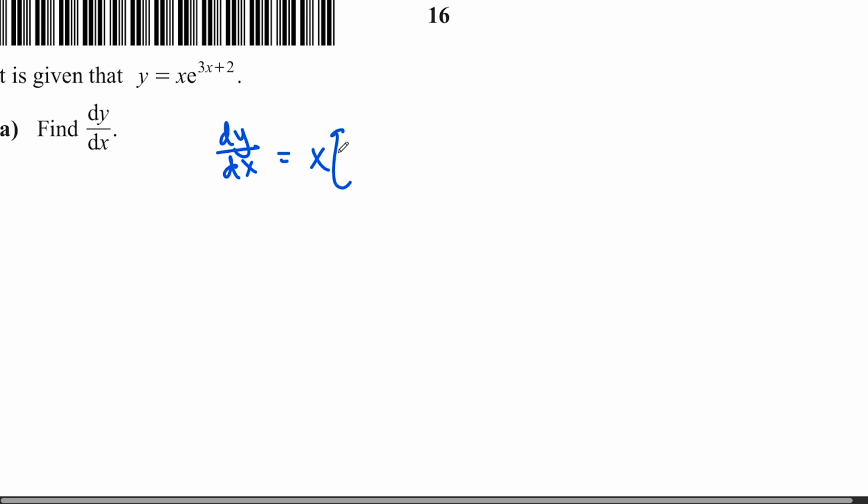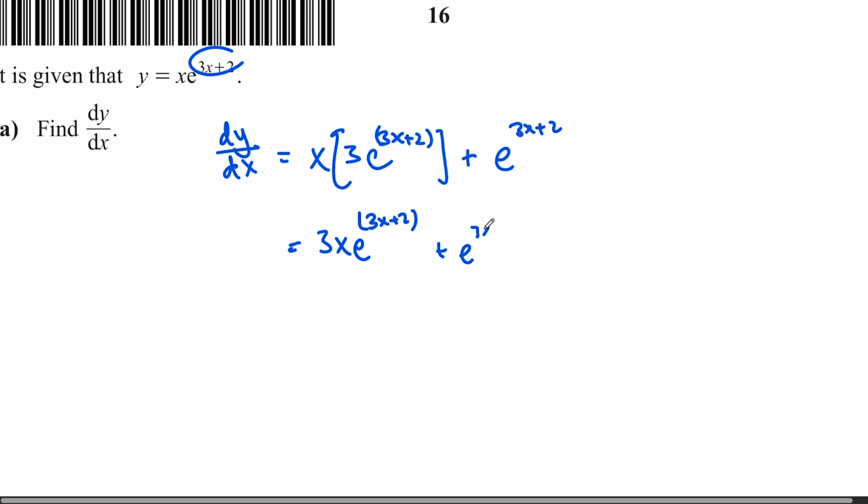So using the chain rule, I'll differentiate the top, so that's 3, and we leave the exponential. That's the first term. And now we differentiate the x. There's just 1. I will not write it and leave the exponential term. So simplify it a bit. Okay, so this will be our final answer.